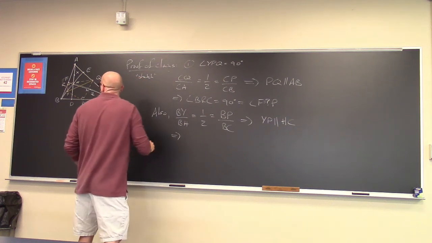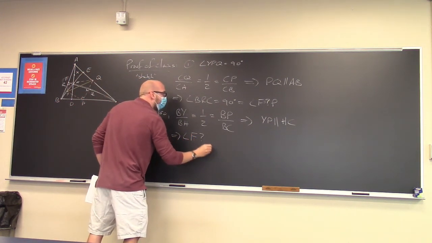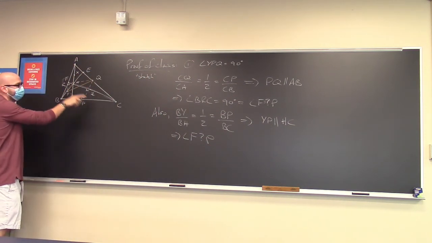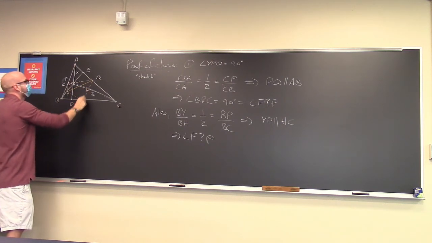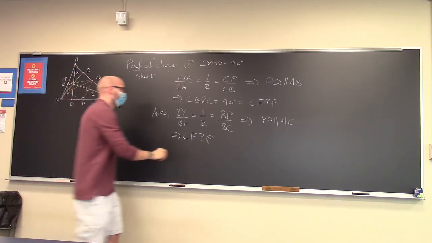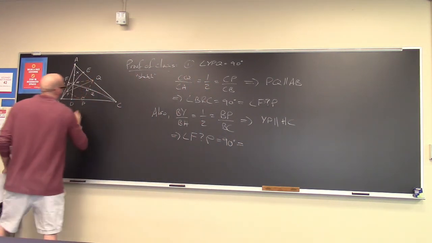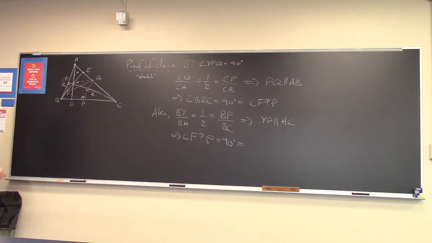So now we're done. We have that this angle we looked at, F, some unlabeled point. This is a really terrible notation, by the way. But this angle F question mark P, which was 90 degrees, being that this is a transversal between parallel lines, this angle here must be 90 degrees.